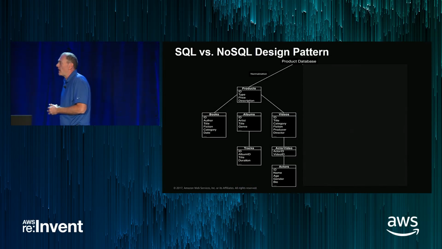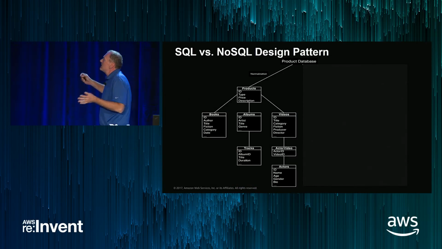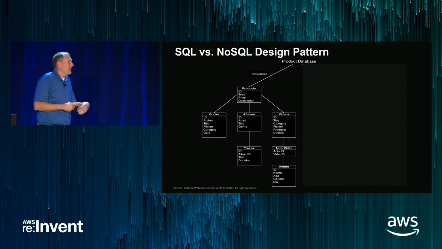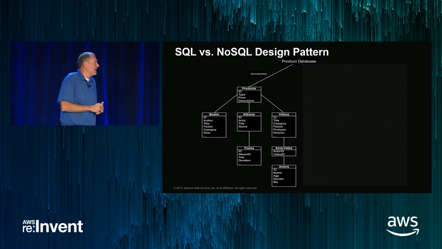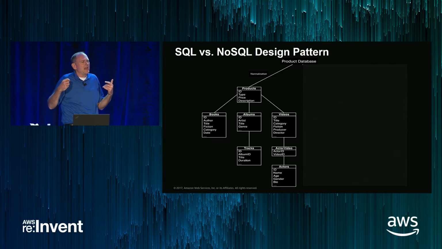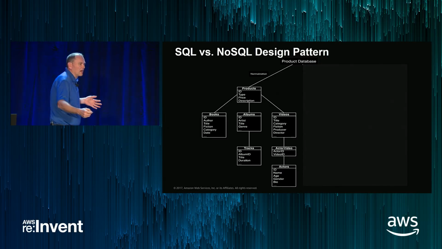Okay, so in a relational store, what we're going to use is a normalized data structure. In this particular example, I've got a product catalog. It has an example of all the common relationships that I typically see in a relational database: one-to-many, one-to-one, many-to-many relationships. You can imagine how many queries it takes to produce a list of my products in my catalog, right?